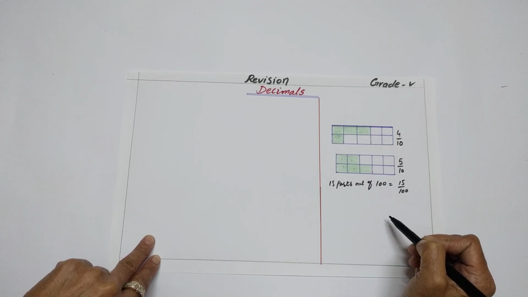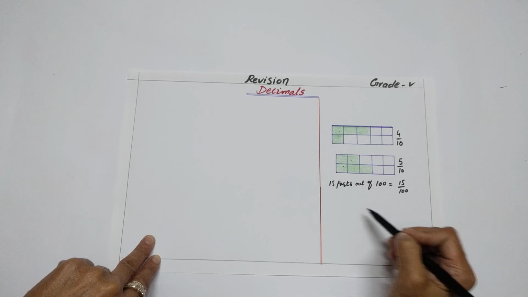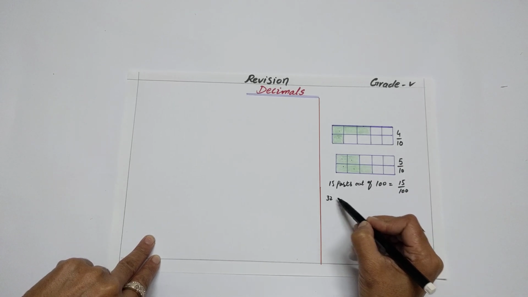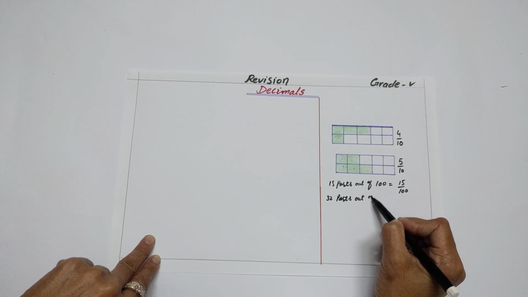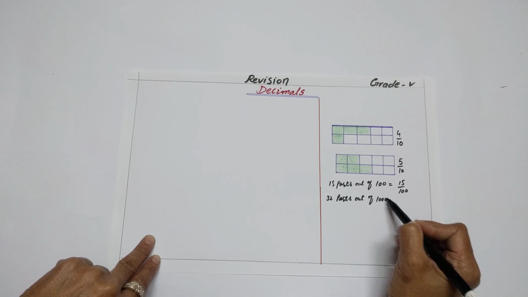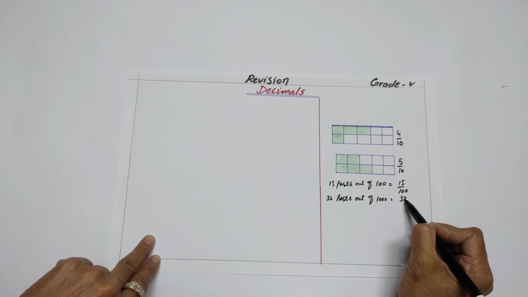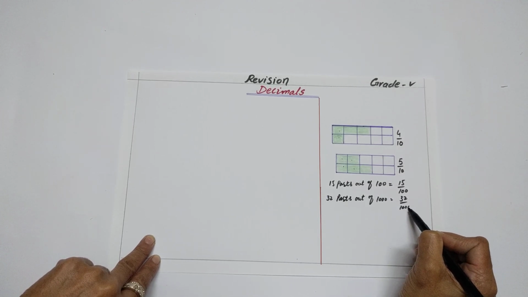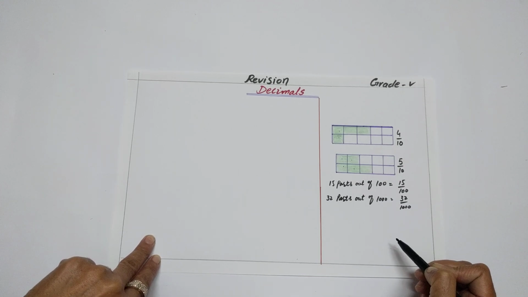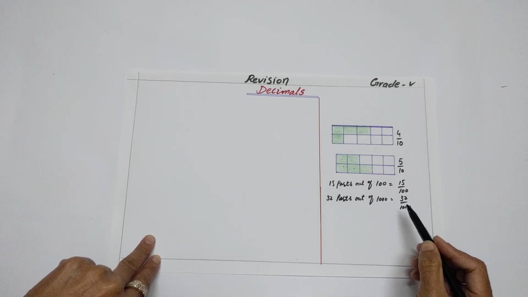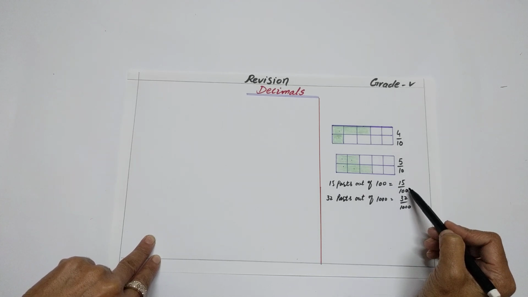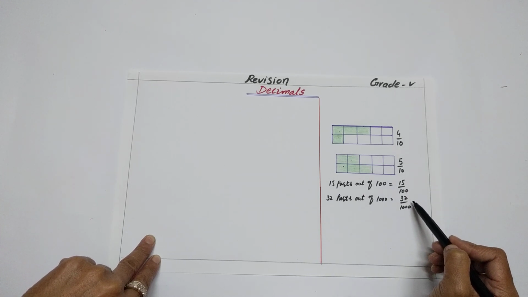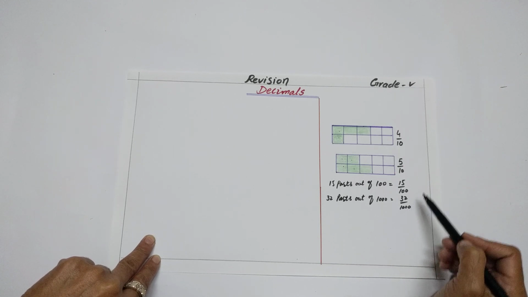Clear? Now, if 32 parts are shaded out of 1000, then it will be written as 32 by 1000. So we have 4 by 10, 5 by 10, 15 by 100 and 32 by 1000.